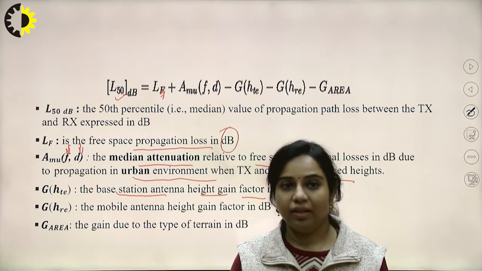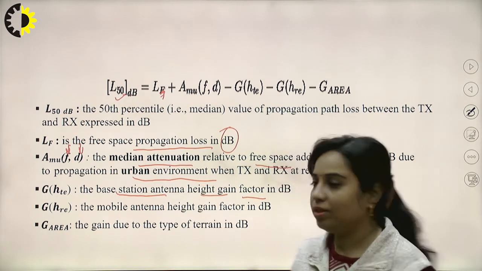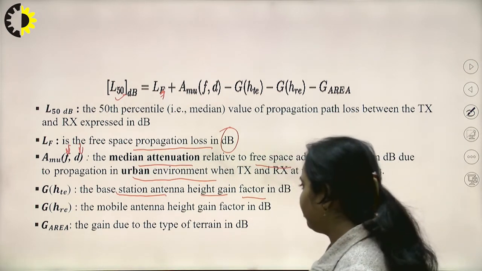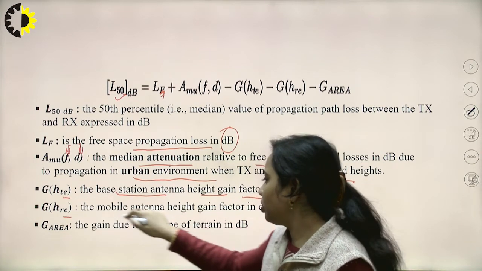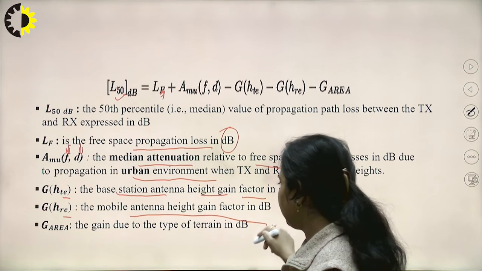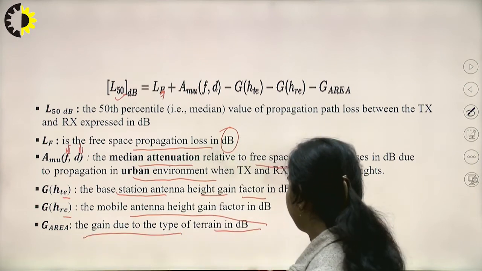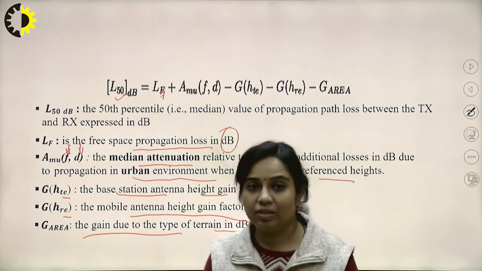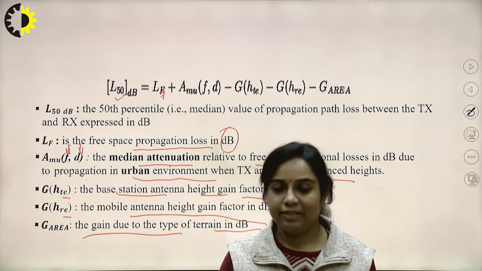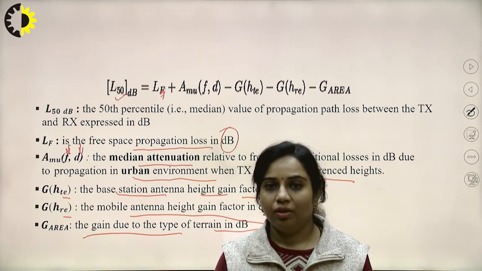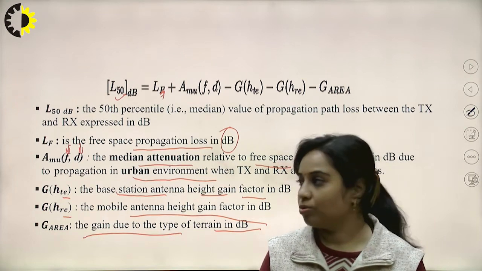This gain is always expressed in decibels in mobile communication. So this is related to the transmitter antenna. GHR is related to the receiver antenna gain, that is also expressed in decibels. G area is the gain due to the type of terrain that we are considering. Terrain basically means population, open area, suburban area or the urban area. So that's why this gain is related to the terrain also.